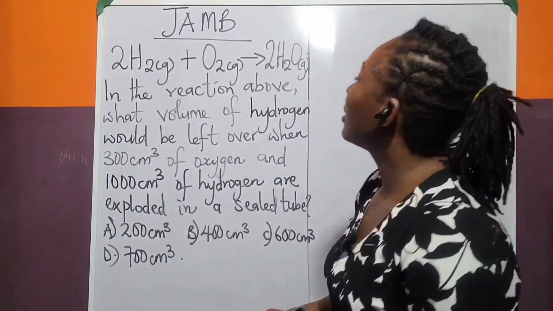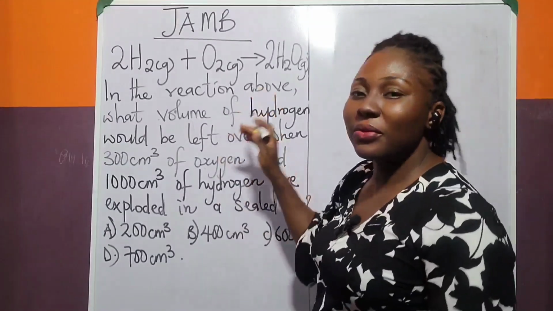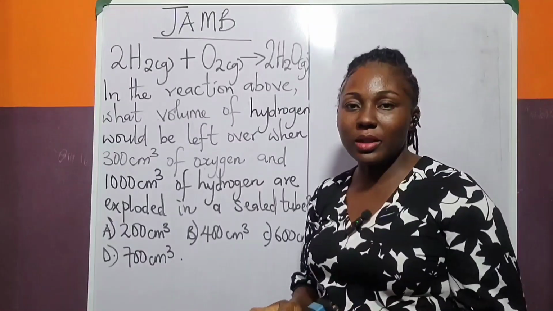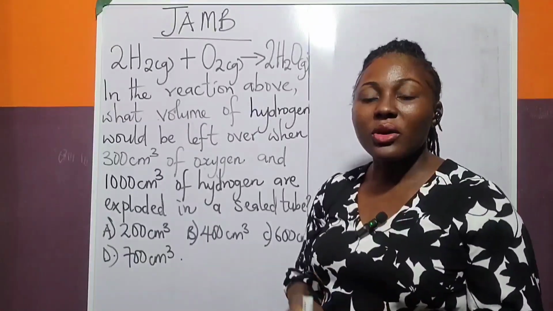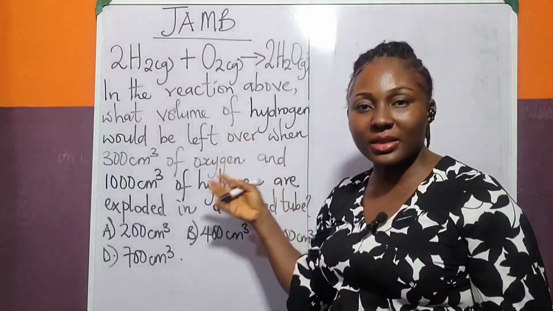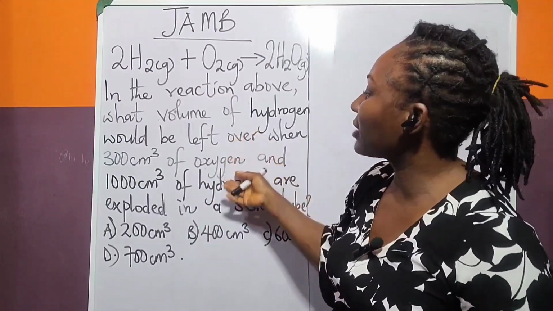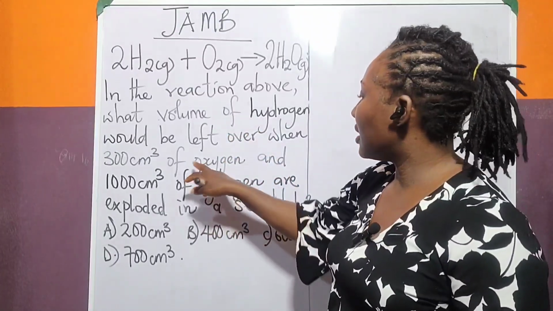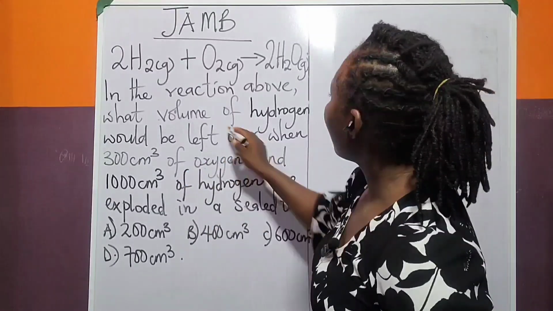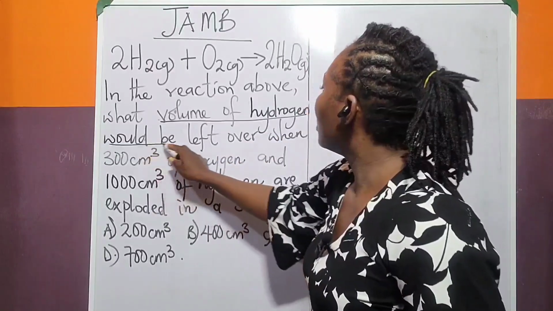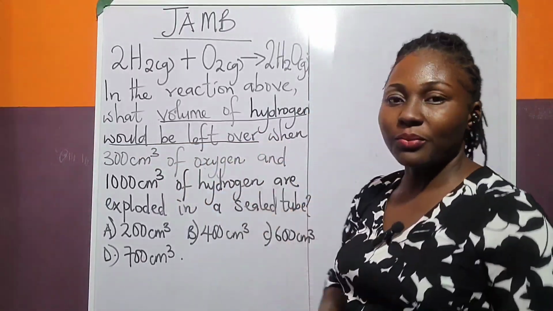So here, the only thing you need to know is the volume that was provided, relate it to the volume that reacted. Then you can decide whatever they asked you to decide. They said we should decide for the volume of hydrogen that will be left over.